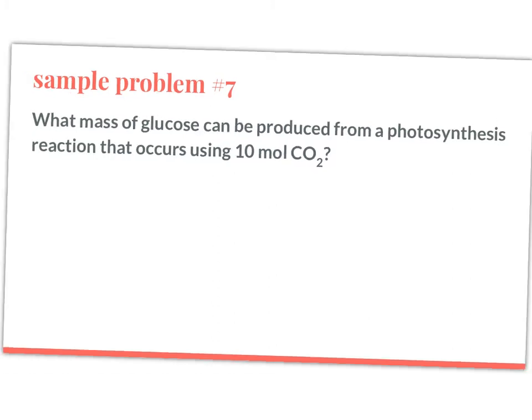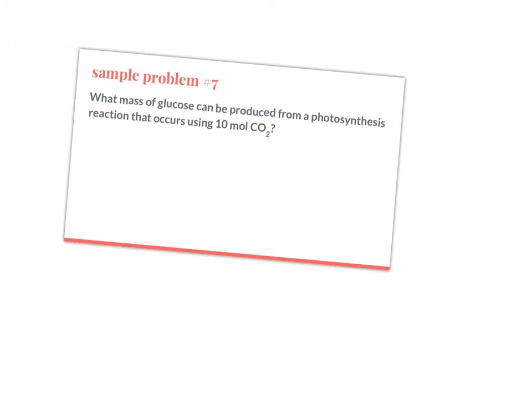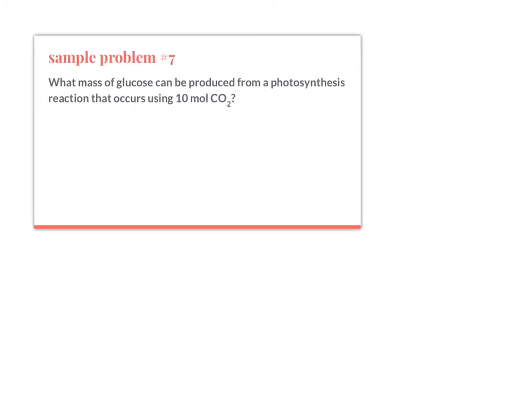Moving right along to our next problem, sample problem 7, which you had to work out. So, let's start by reading the problem. It says, what mass of glucose can be produced from a photosynthesis reaction that occurs using 10 moles of CO2? First things first, let's write the reaction.